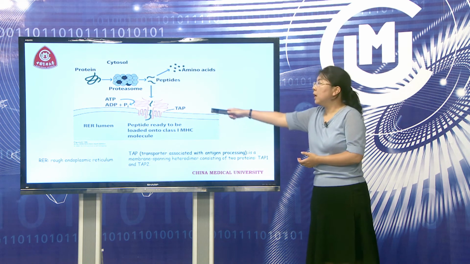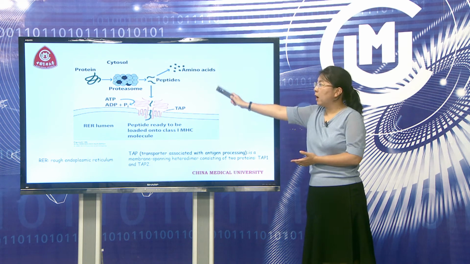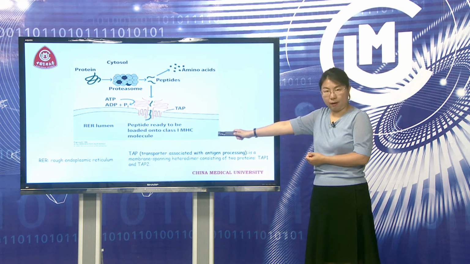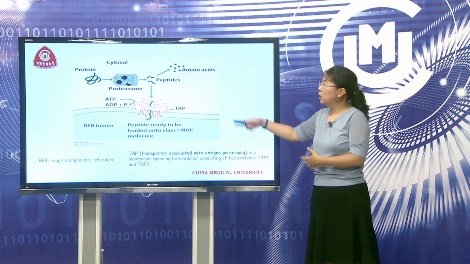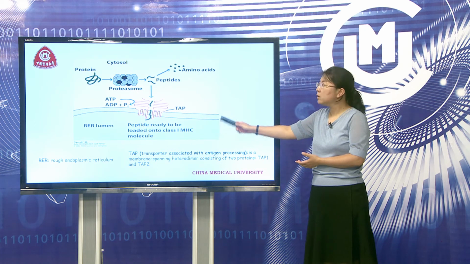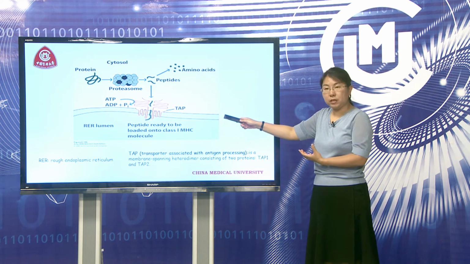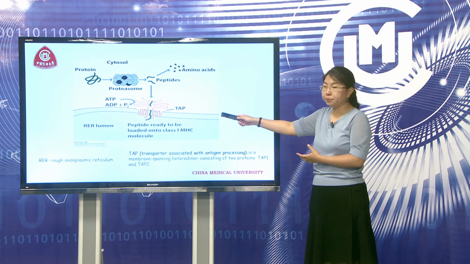Let's think: if we have a mutation in TAP, the peptide cannot move into the RER. So this patient has a problem and cannot present the peptide on the cell surface. We call this bare lymphocyte syndrome.